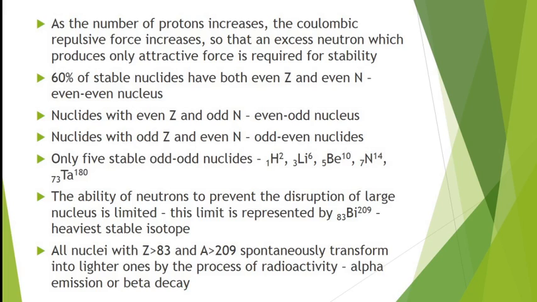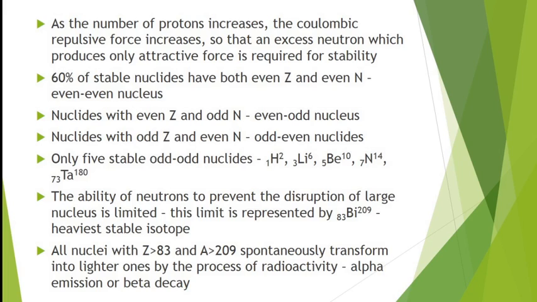So either they will transform into lighter nuclei by the emission of one or more alpha particles, or by the emission of beta particles. So all the nuclei with Z greater than 83 and A greater than 209 spontaneously transform into lighter ones by the process of radioactivity, which, as you know, is by alpha emission, that means by the emission of helium nuclei, or by beta decay, that means by the emission of electrons from the nucleus.